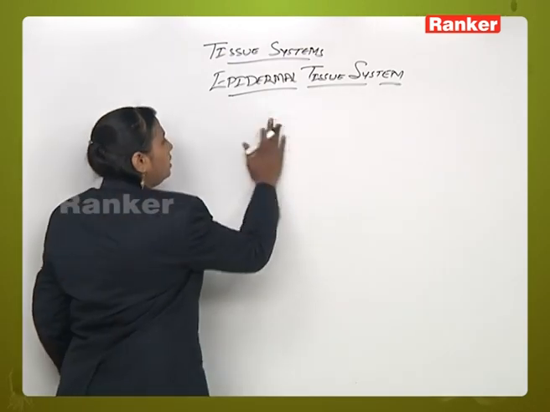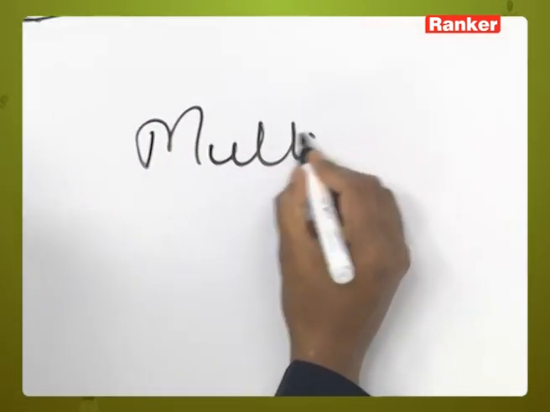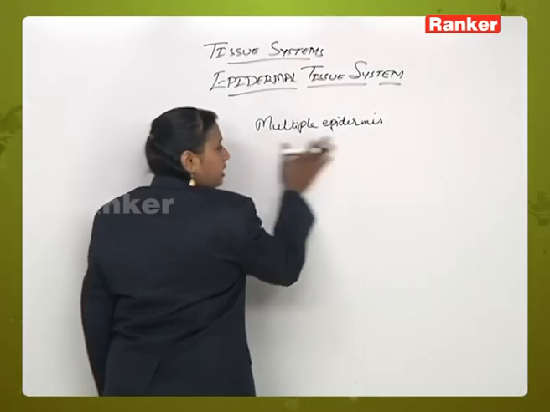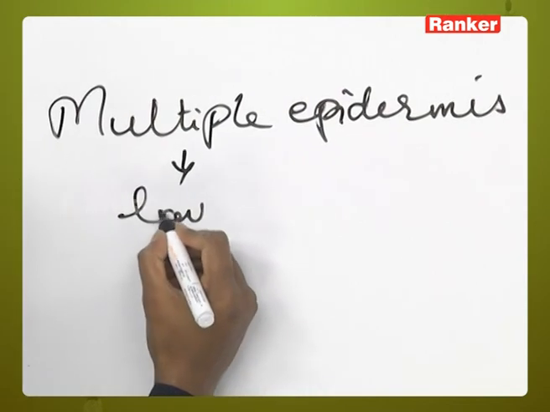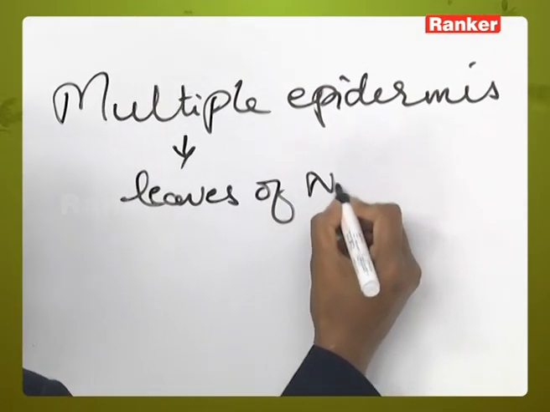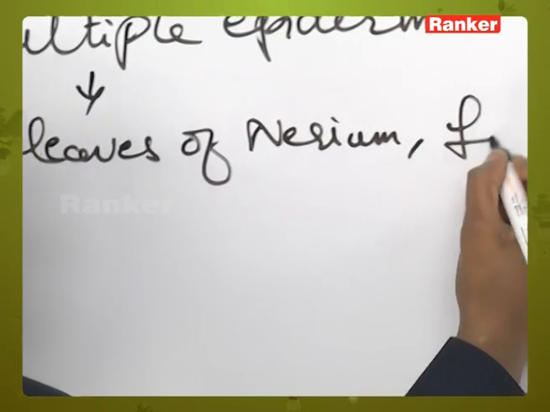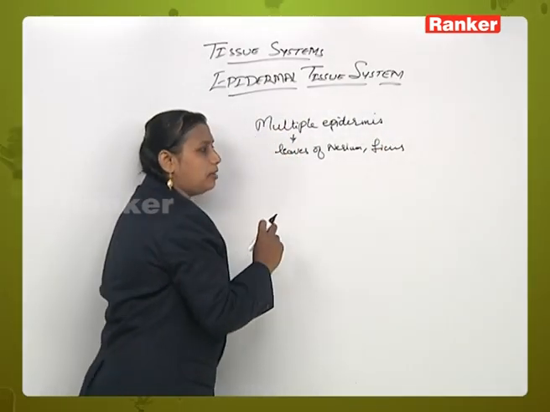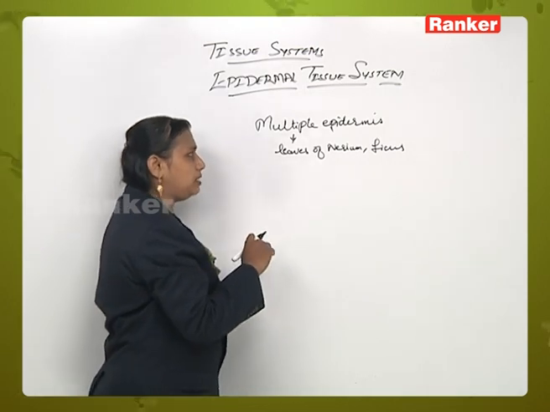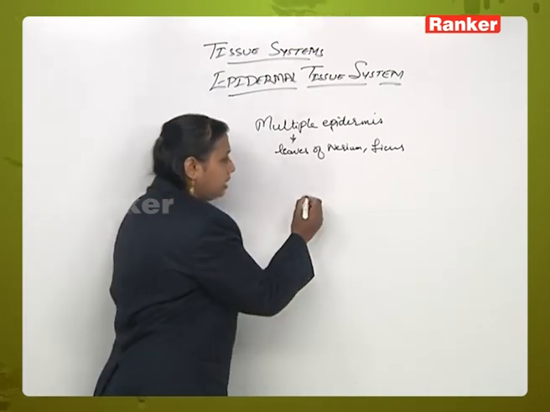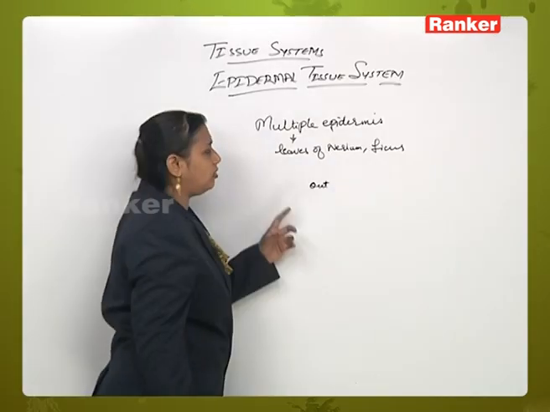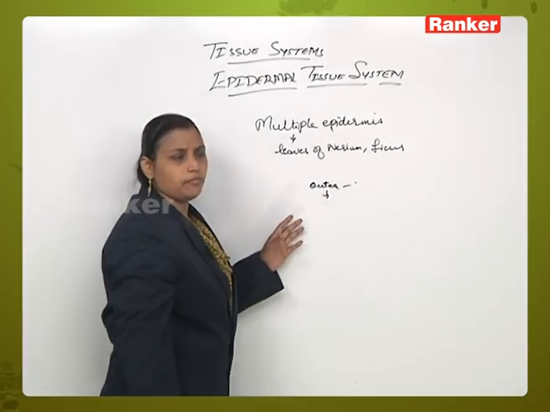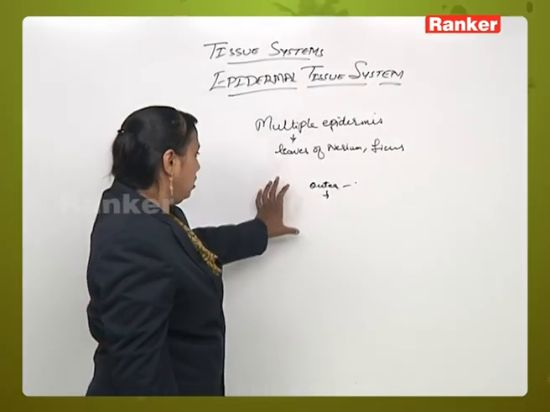As we said, multiple epidermis is available in the leaves of Nerium and Ficus. So how does this multiple epidermis appear in these plants? The outermost layer will be similar to that of the uniseriate epidermis, whereas the remaining inner layers will show variations.